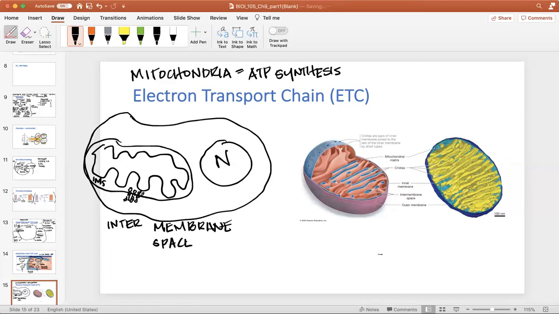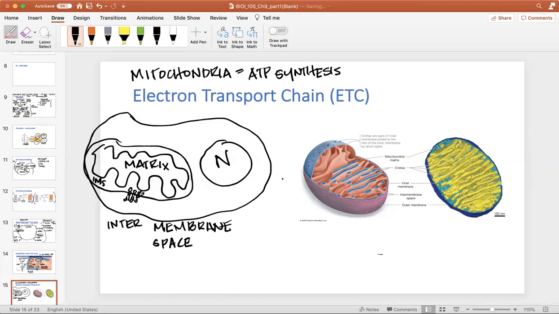So the space between this inside membrane and this outside membrane is the inter, for in between, membrane space. The interior here is called the matrix. And then the outer membrane is just called the outer membrane. The inner membrane is just called the inner membrane.